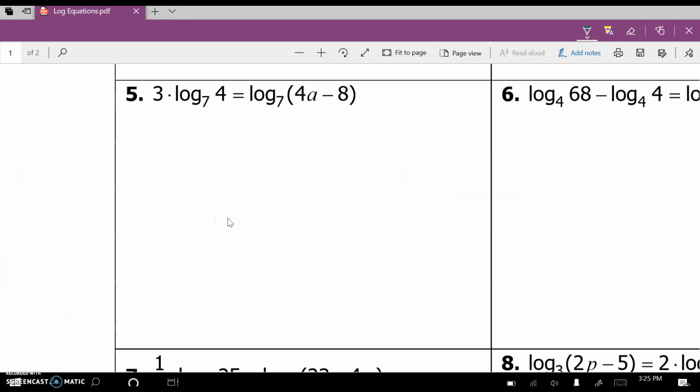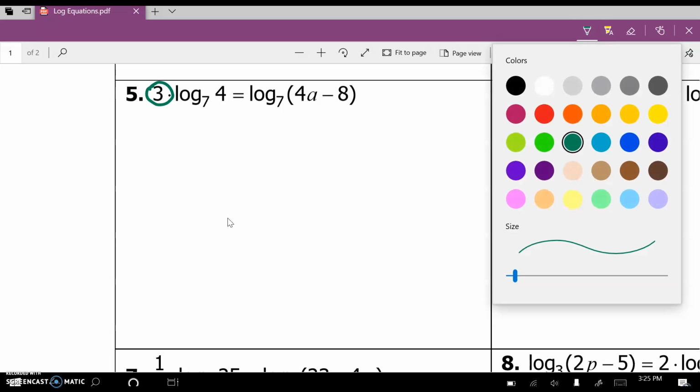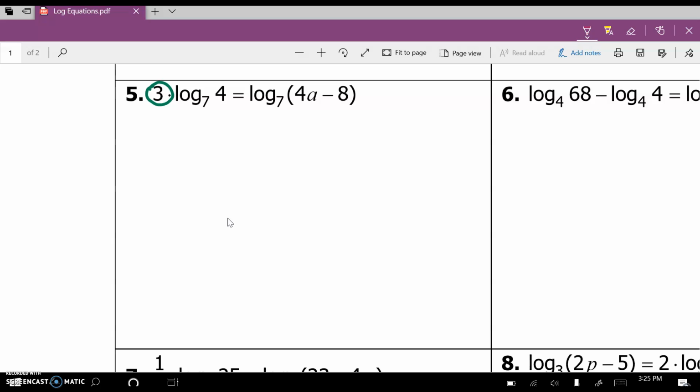Now on number 5, we have something multiplied out in front. Whenever that happens and we have our properties, then that means it's going to be raised to the power. So now I have 4 to the third power equals 4a minus 8. And again, I can just get rid of that log base 7 because it's the same on both sides, so I don't even need to put it.